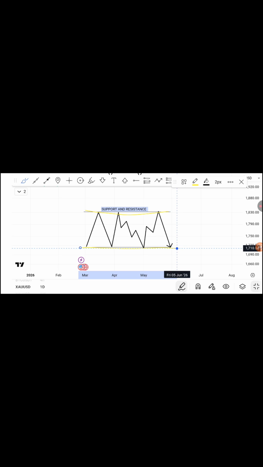So price will just go up, sweep above liquidity, and push down, sweep below liquidity, sweep. That's it. That's how the market moves. The reason why the market consolidates is if there is more liquidity below this level and also more liquidity above this level, price will just be consolidating in this range.